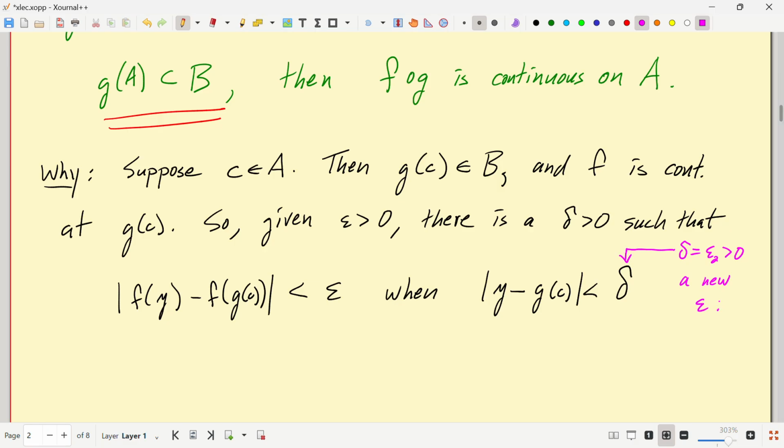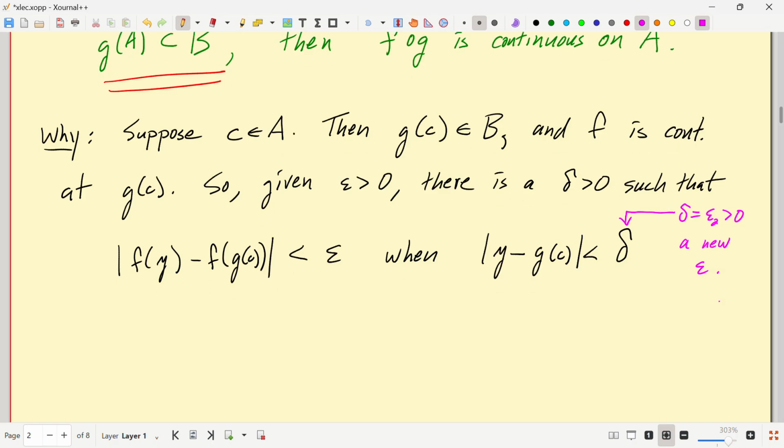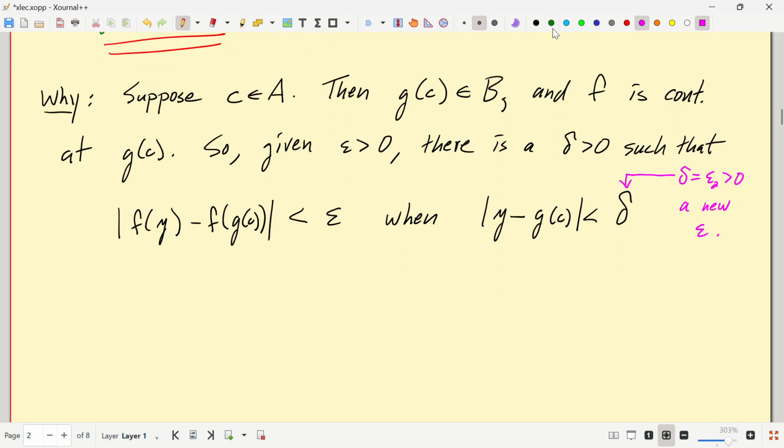Okay, and we know that G is continuous at C. So there is a delta bigger than 0. This is a new delta. Let's call it delta 2.